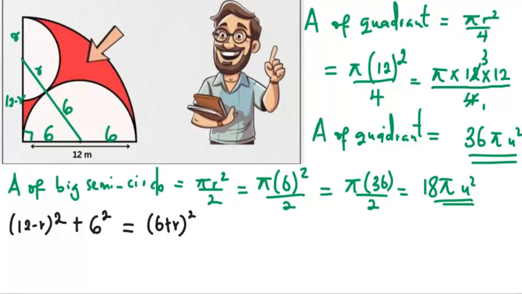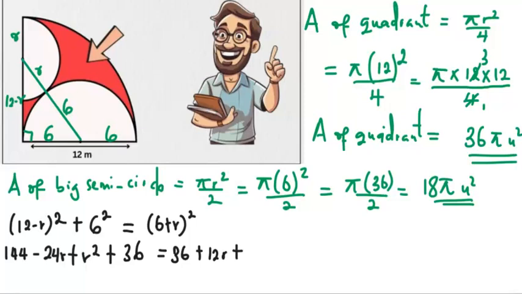Awesome. So expanding this, we get 12 squared is 144, minus 2 times 12 times r is 24r, plus r squared, and then plus 6 squared is 36. So this is equal to 6 squared is 36, plus 2 times 6 times r is 12r, plus r squared.